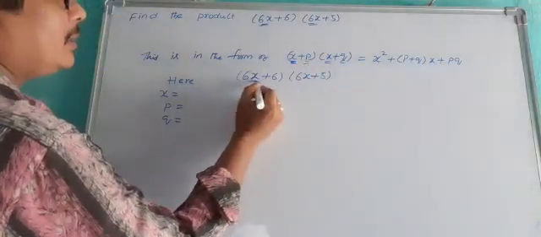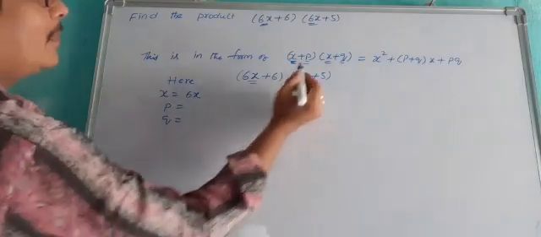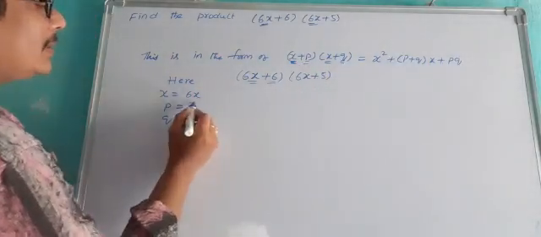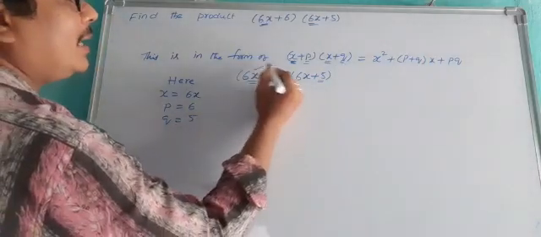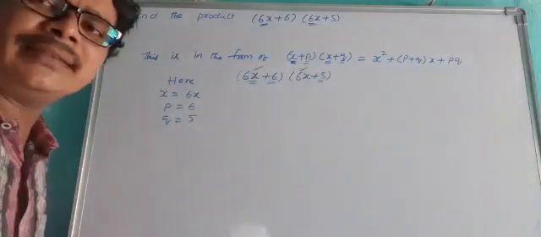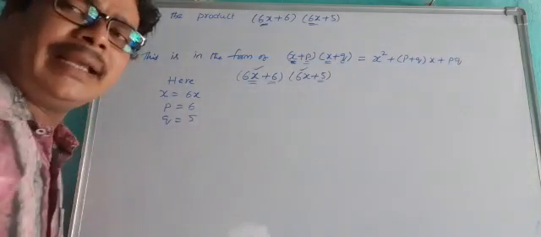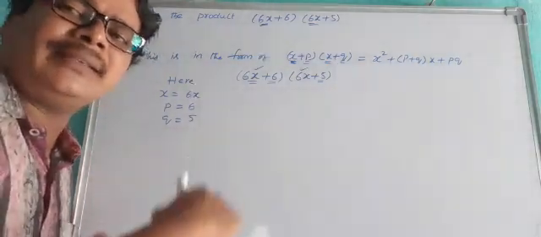Here x equals 6x, p equals 6, and q equals 5.